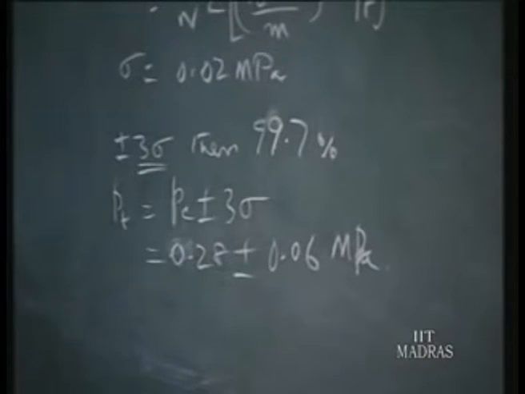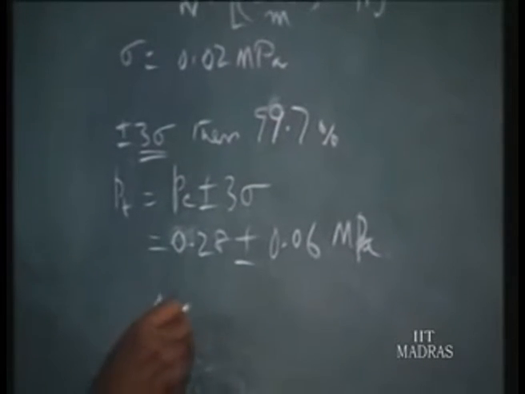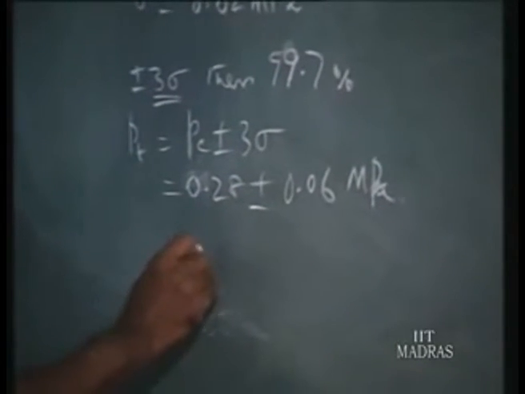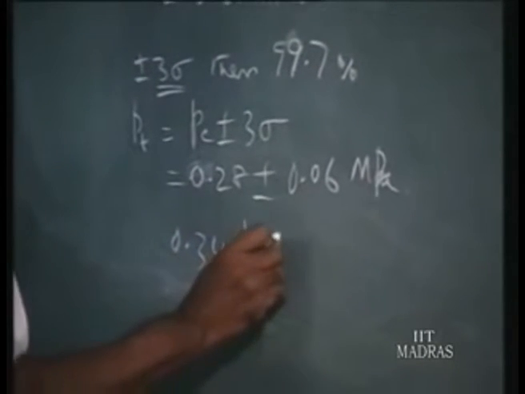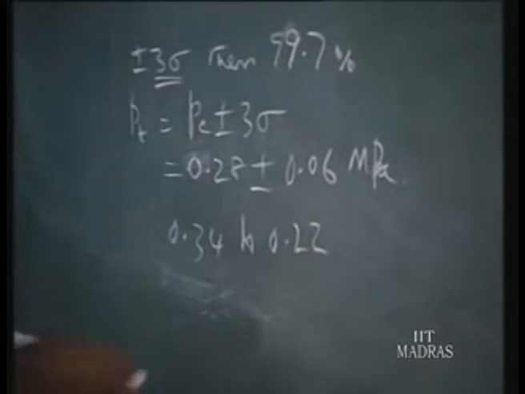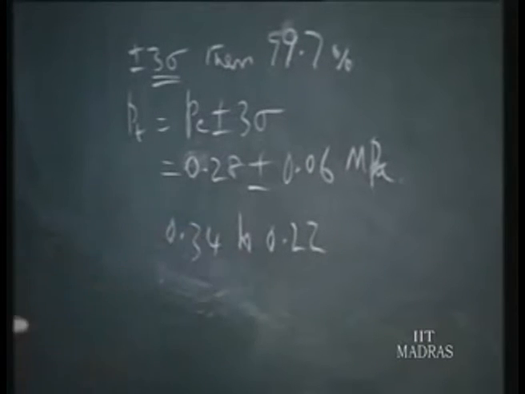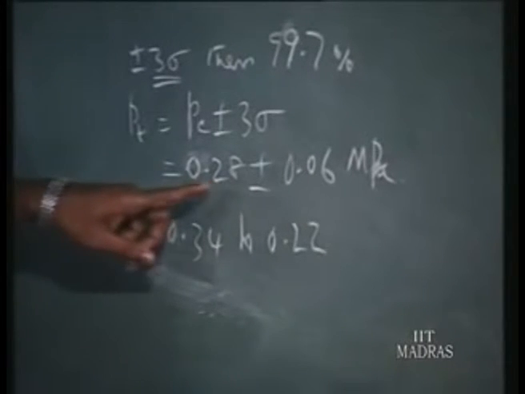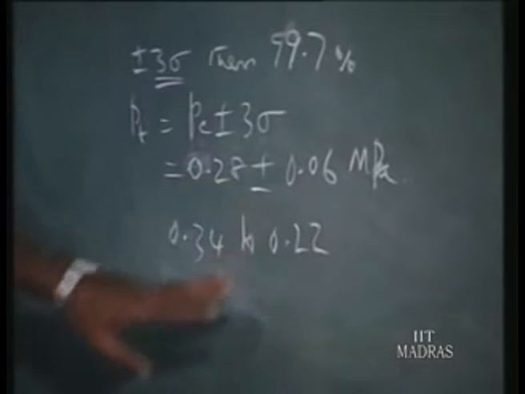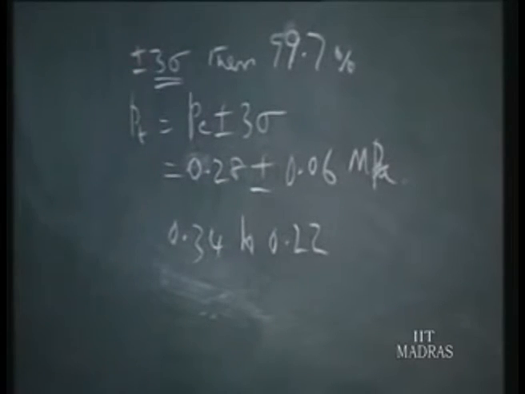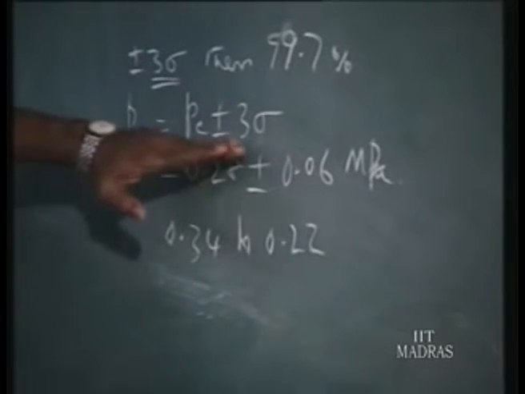It varies between 0.34 and 0.22. That is, 0.3 is lying within this. The true value lies within the limit of 0.28 plus or minus 0.06. That is how we arrive at the error of the instrument.